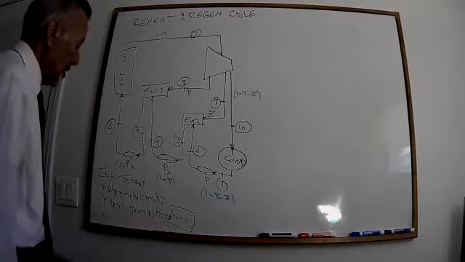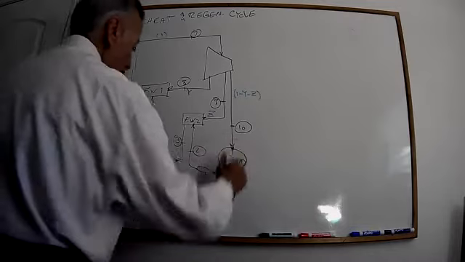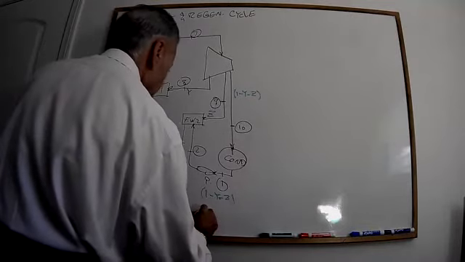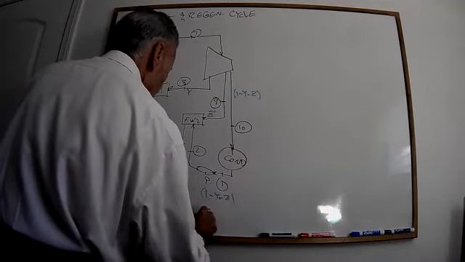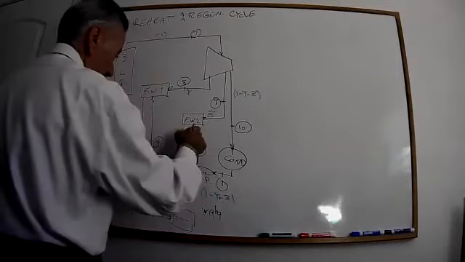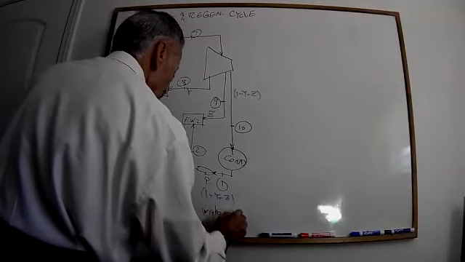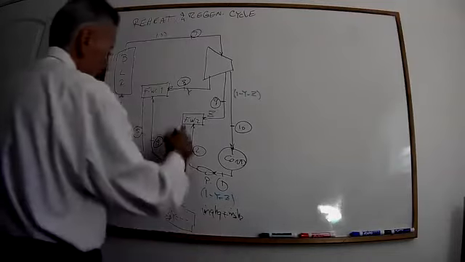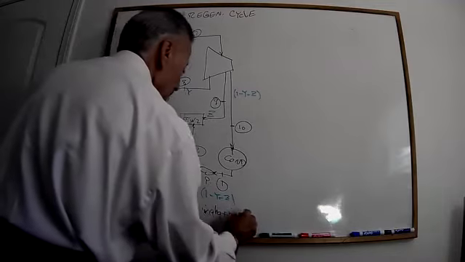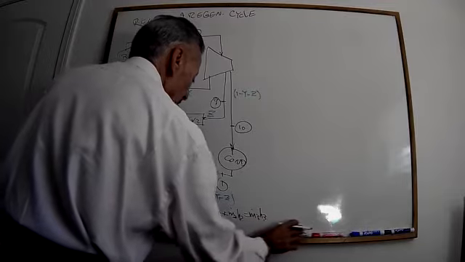For this part, still under the same energy balance equation, now you have M9, H9 going to this box plus M2, H2. What comes out is M3, H3.